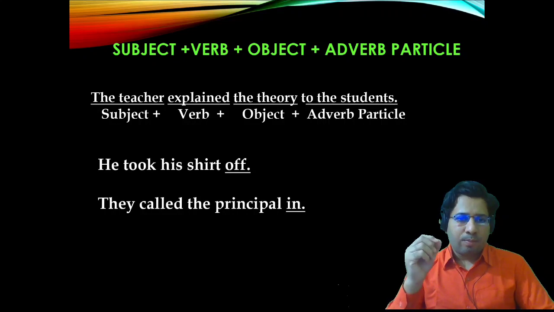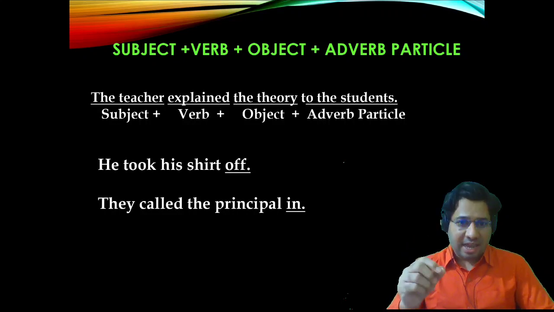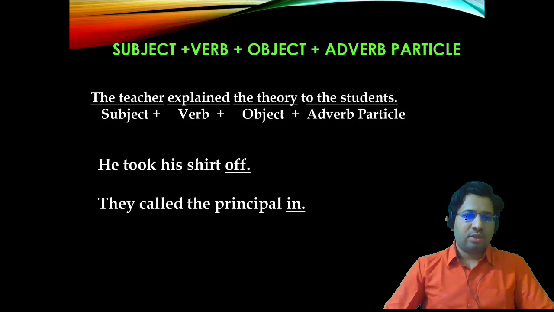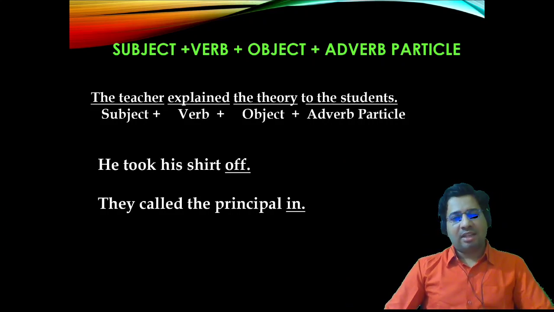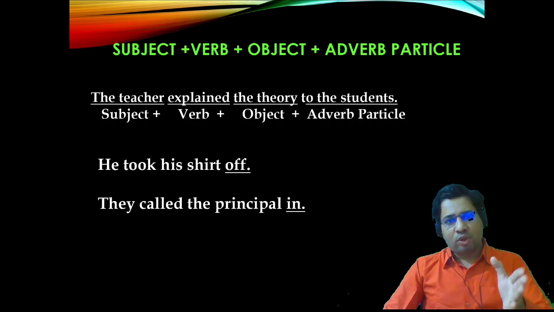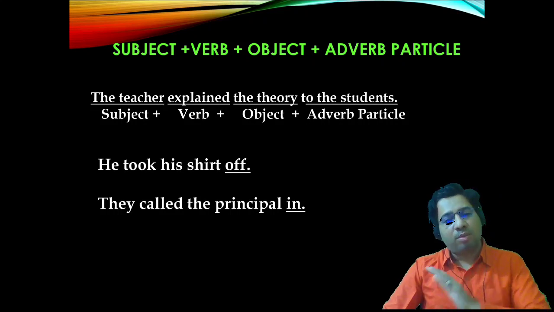Sometimes the particle is detached from the verb and put after the object, like the given sentences. Here in these two sentences, we can say the preposition particle is detached from the verb and put after the object.